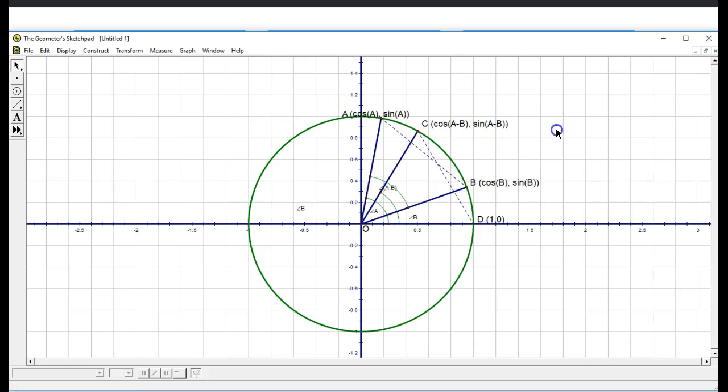Okay, all of this is just to show that length AB is equal to length CD. So what we're going to do is use the fact that length AB is equal to length CD to derive a formula for the cosine of A minus B.